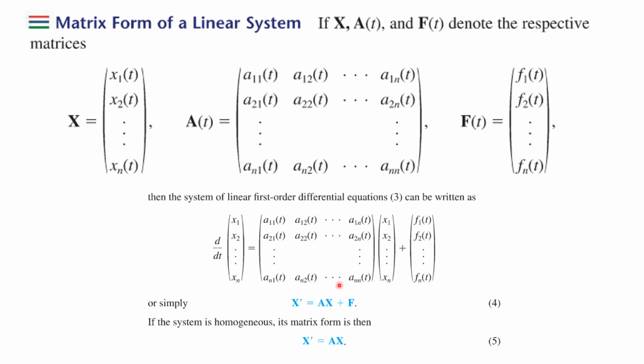And the last one is going to be xn prime, which is this row times this column plus fn of t. Or simply, we can abbreviate it this way. Bold x prime is equal to A, the matrix, times x plus f. And if the system is homogeneous, its matrix form is x prime equals Ax. That means that the f is 0.